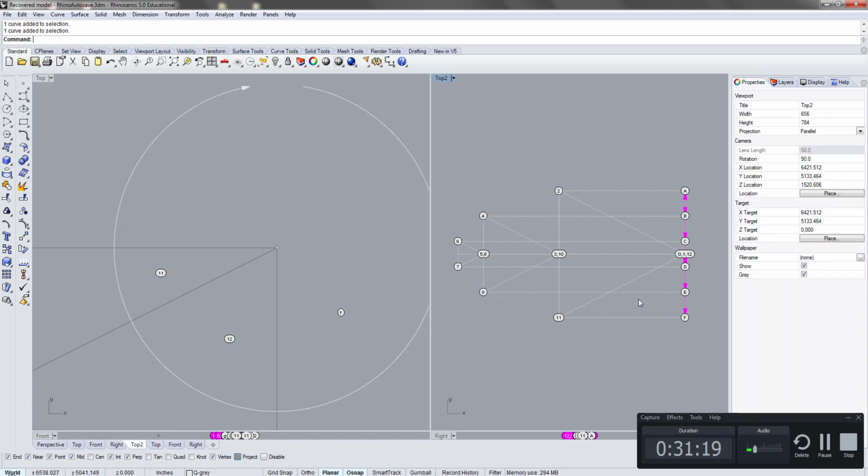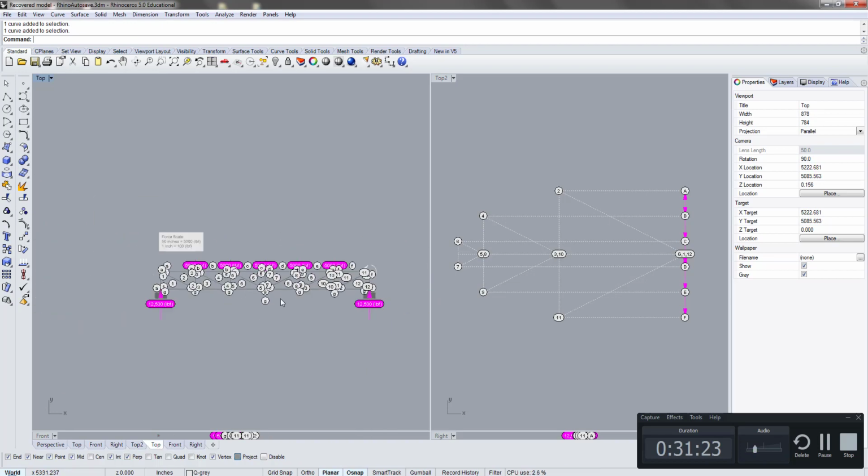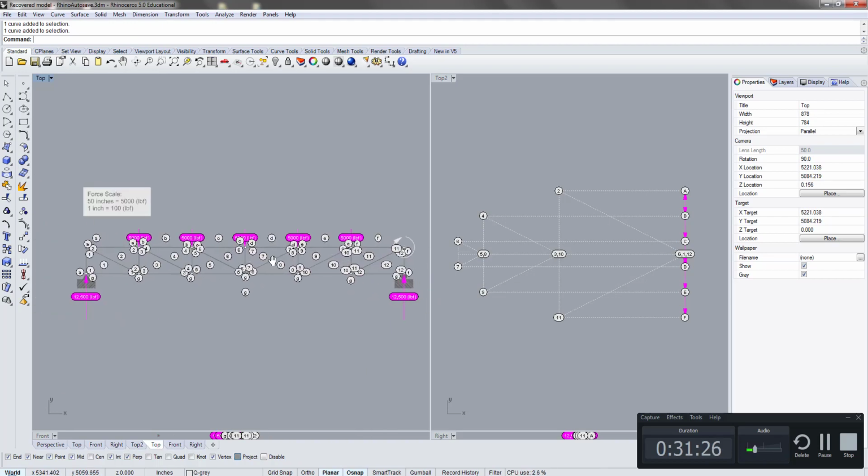So that completes the construction of this force diagram for this truss. So next we are going to look at how to identify the internal force in each of these members by drawing vectors on top of this force diagram.